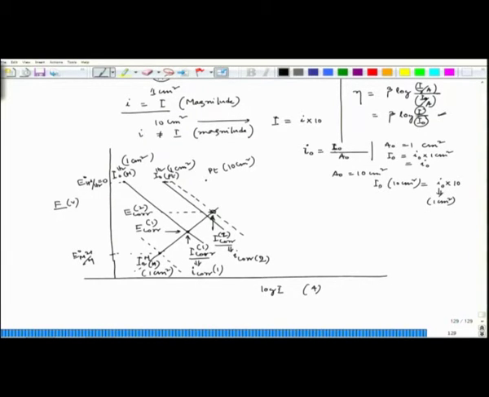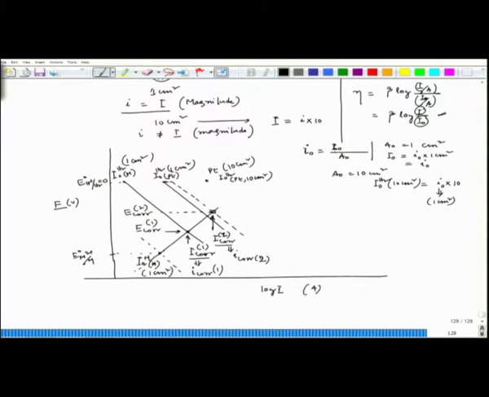So, now I could see that the I0 of hydrogen evolution on 10 centimeter square is increasing. That means the exchange current on 10 centimeter square area of platinum is increasing. So, now this point would be I0 of hydrogen on platinum of 10 centimeter square.